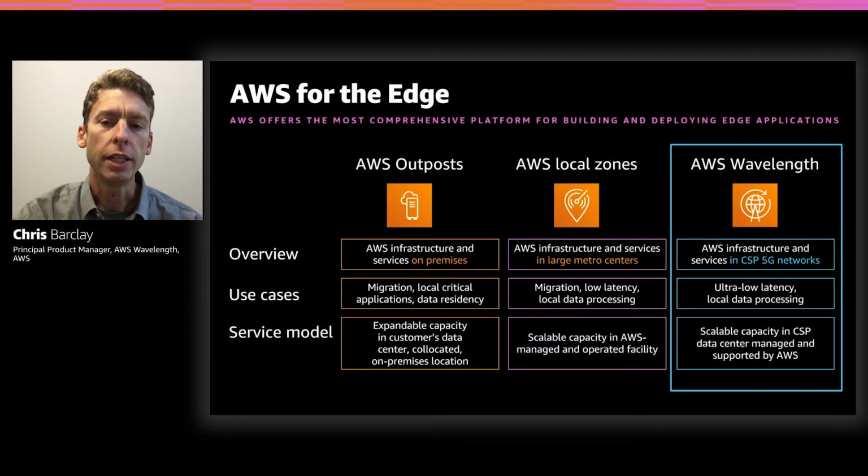Wavelength, however, is unique in that it is designed to enable developers to build ultra-low latency applications by extending AWS services into 5G mobile networks. Developers can take existing applications and extend them to Wavelength zones, or build new applications using AWS services like EC2 and EKS.